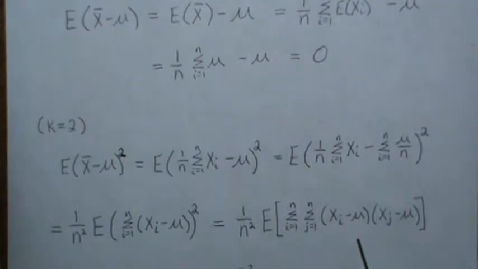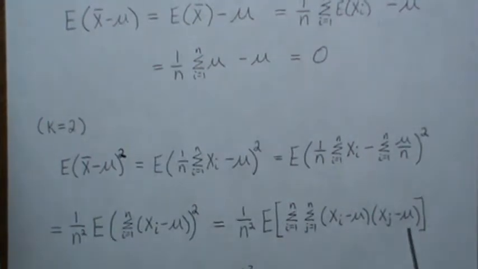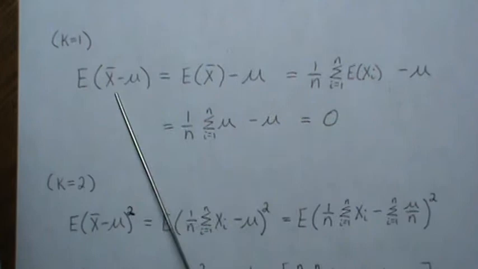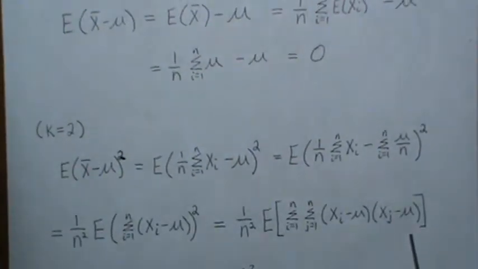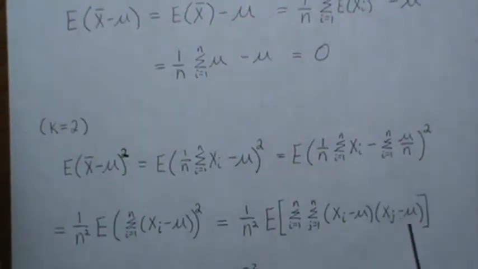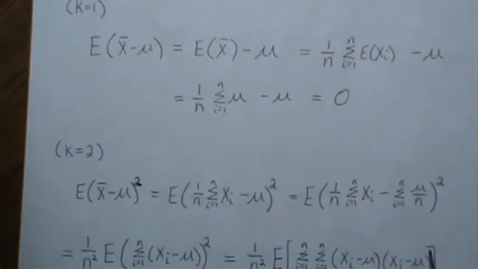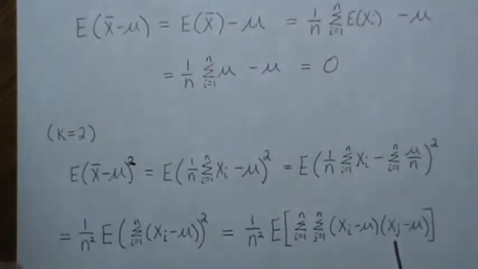Now this one is interesting because when i and j are different numbers, it means this quantity and this quantity are independent, so you can take the expectation by itself. But we just showed that expectation is 0. Well, this is x bar, but x has the same expectation, so this is 0. So it's only not 0 when these are the same value.